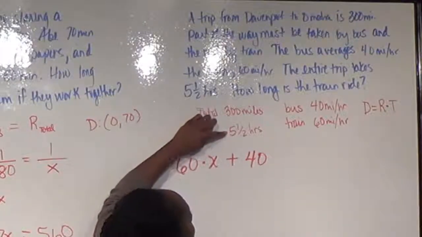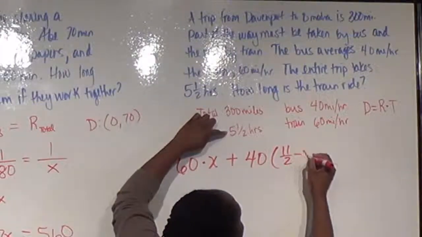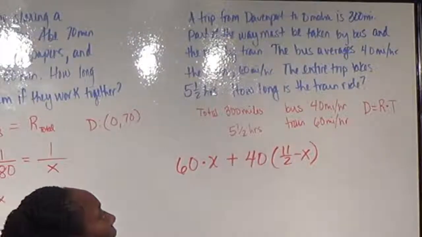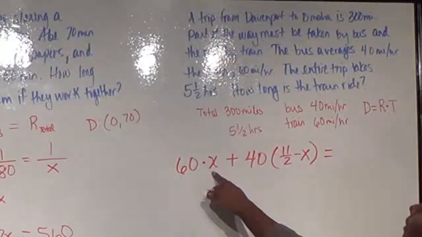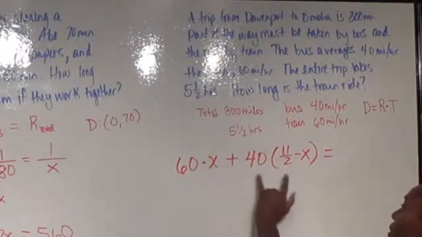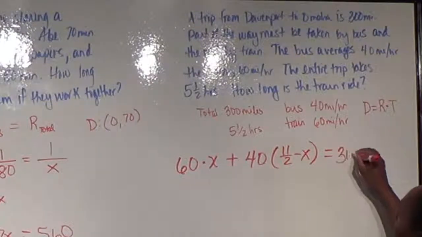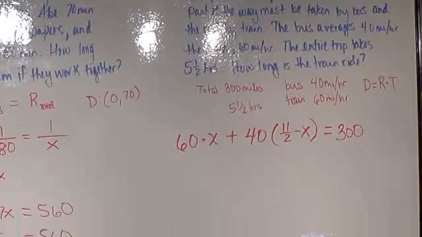But again, I know the total time. So again, I can take the 5.5 minus the x, and that's going to be their time for the bus ride. Okay. So a rate times a time, so that's a distance. A rate times the time, that's a distance. So the two distances together have to equal the total distance. Okay, so there's our equation.